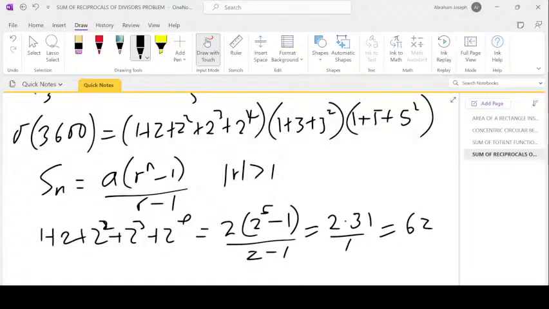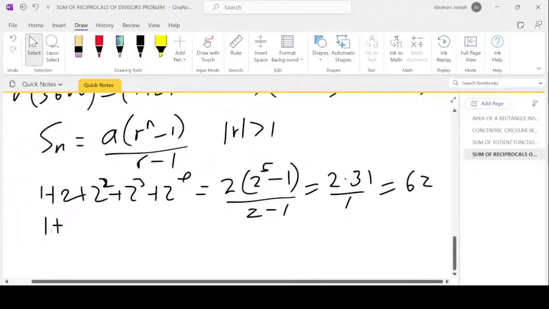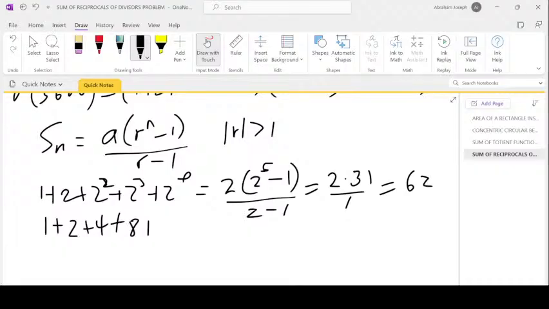Let's confirm. So check 1 plus 2 plus 4 plus 8 plus 16, right? 1 plus 2 is 3. 3 plus 4 is 7. 7 plus 8 is 15. 15 plus 16 is 31.